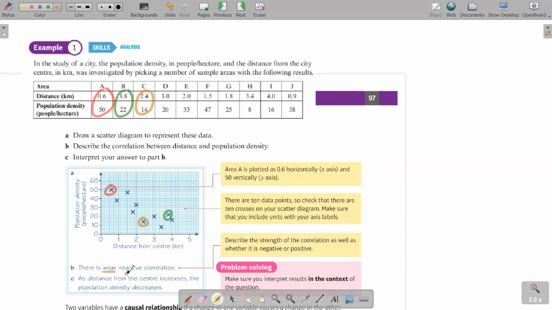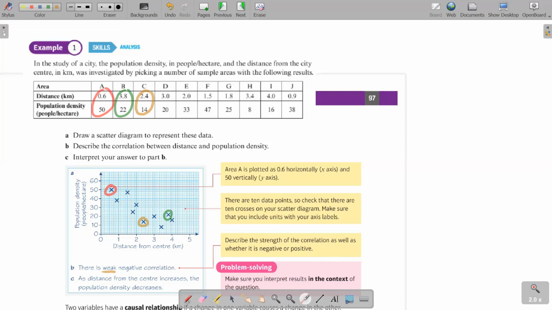You understand how both of these words come, right? Weak comes because of the way the points are scattered, and negative comes because there's a downward trend. Then they say interpret your answer to part B. Interpret means you have to describe it. When there is a weak negative correlation, what's happening?